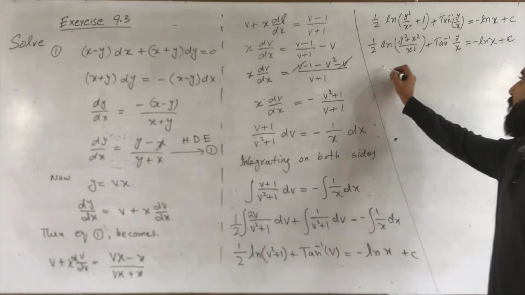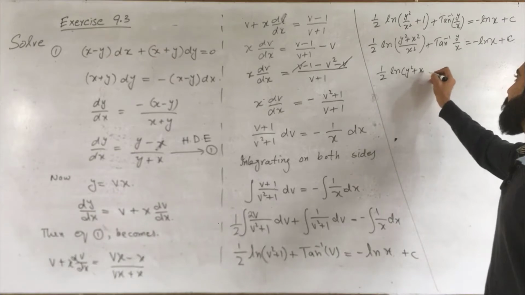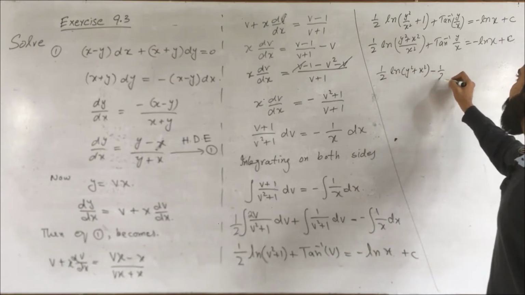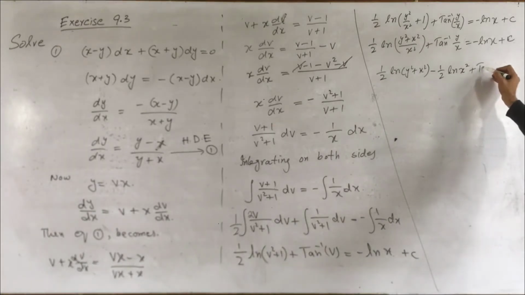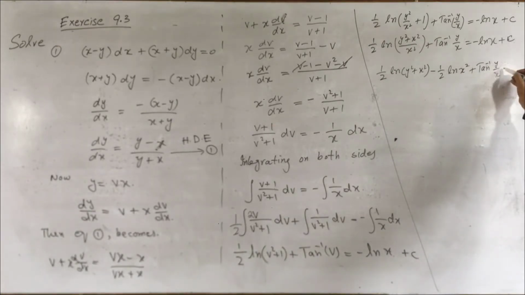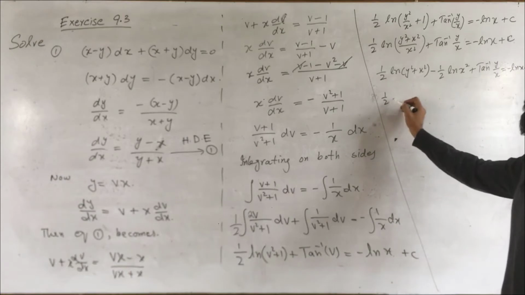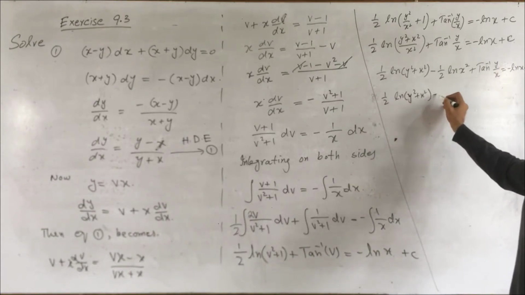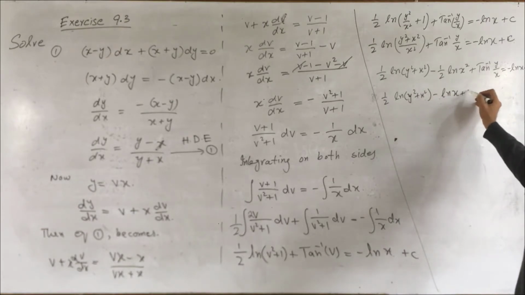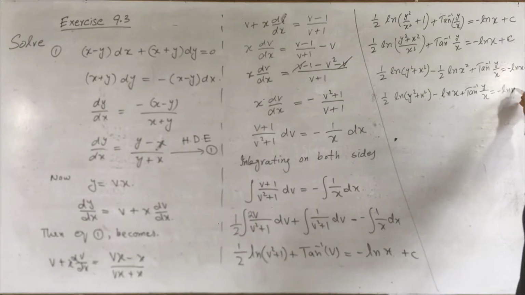So 1 over 2 natural log of y square plus x square minus 1 over 2 natural log of x square plus tan inverse y over x is equal to minus natural log of x plus c. This is converted to 1 over 2 natural log of y square plus x square minus natural log of x plus tan inverse y over x is equal to minus natural log of x plus c.